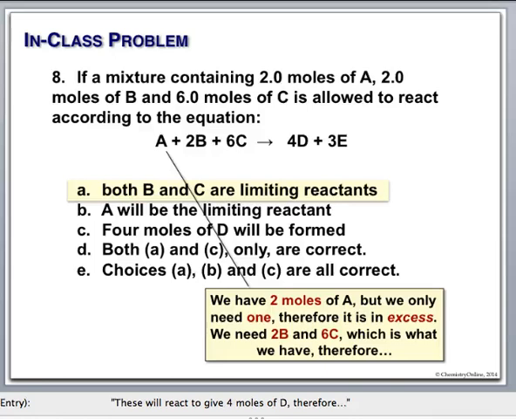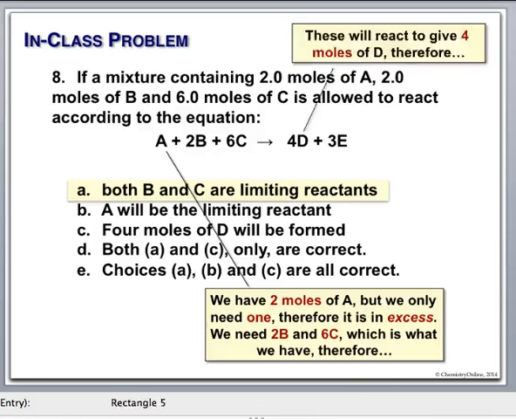All right, now let's say that we have our excess A reacting with 2 B's and 6 C's. How many D's will we make? This is in excess, so we have all we need. We have 2, we have 6, we're going to get 4, aren't we? Therefore, this is also correct.